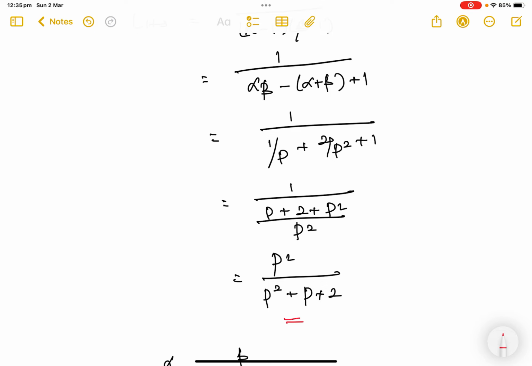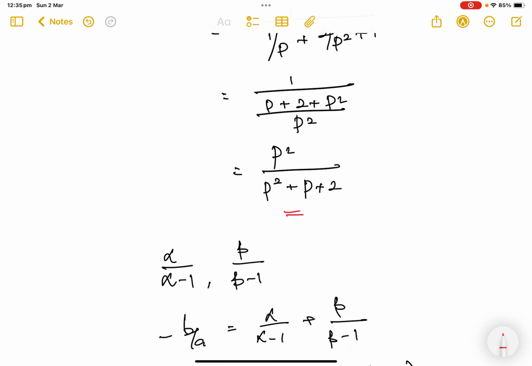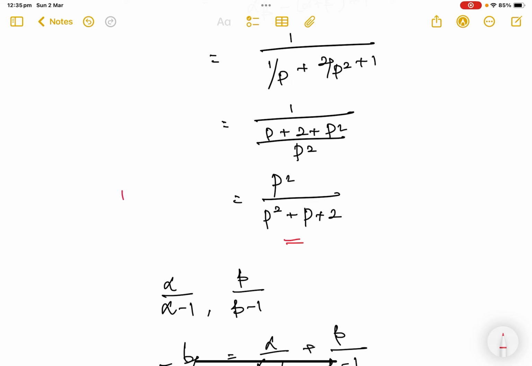So p plus 2 plus p squared, and flip it over. Dividing one by another, we get p squared over p squared plus p plus 2. This is what 1 over alpha minus 1 and beta minus 1 is. So we just proved it.